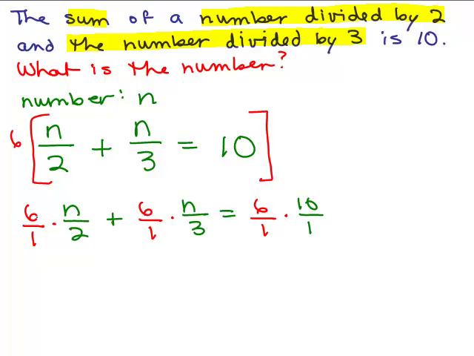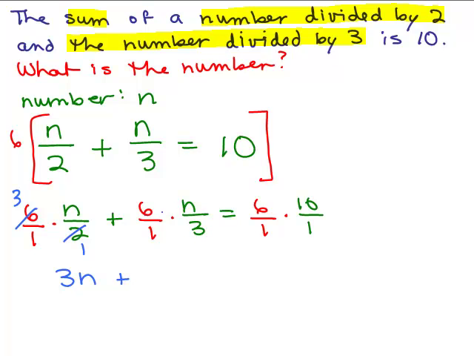Okay, so let's see. For this first product, because I'm just doing order of operations, remember we do multiplication before we add? So I'm going to cancel, and I'm going to get 3n over 1, which is just 3n. Remember the reason we multiply by the least common denominator, we are going to eliminate all of the fractions. So we won't have any fractions. You should end up with all ones in the denominator, which means you'll just have whole numbers.